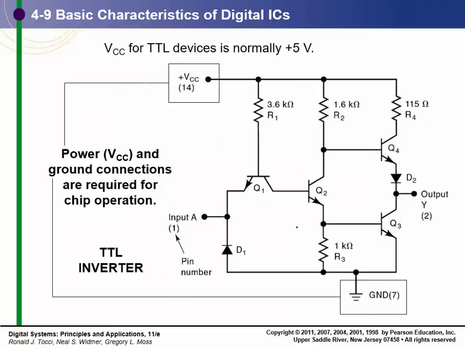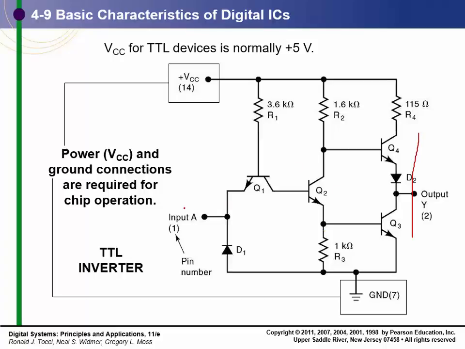Okay, this is a complicated circuit for your stage. What we're looking at here is a typical TTL inverter, and what we've got here is what they call a push-pull output. This circuit happens to be a Class B push-pull amplifier. And this has a transistor on there.